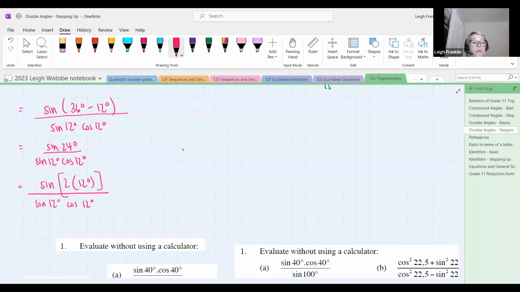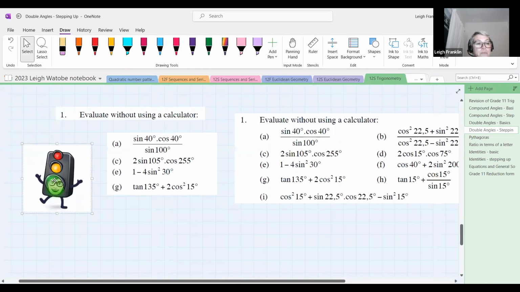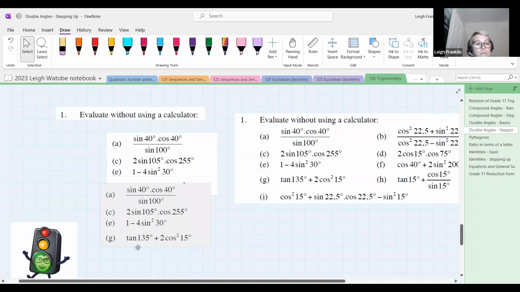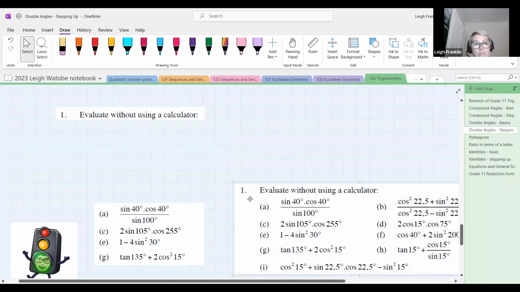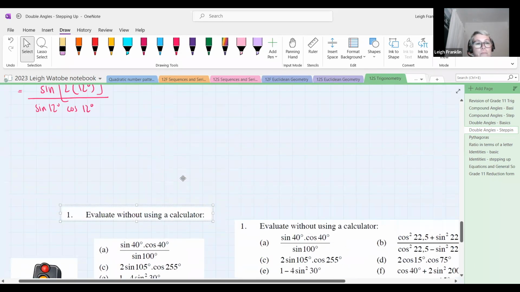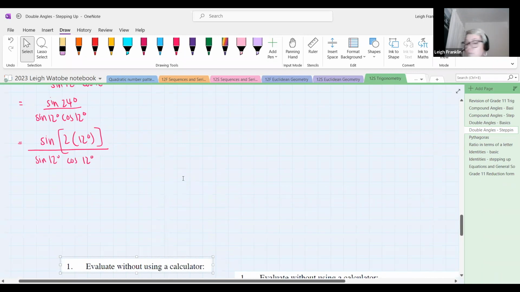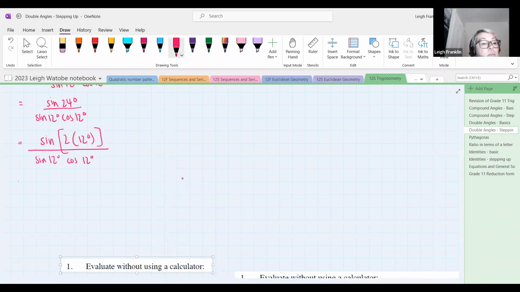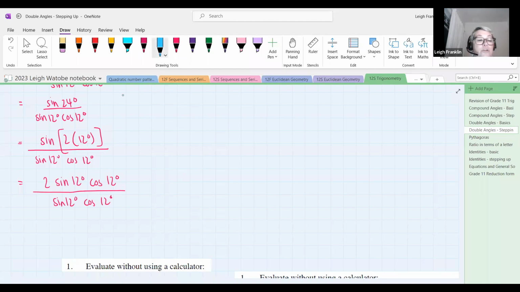Good job. All right, and then what would we do? Then it will be 2 sine 12 cos 12 over sine 12 cos 12. That's it. And now I can do what?